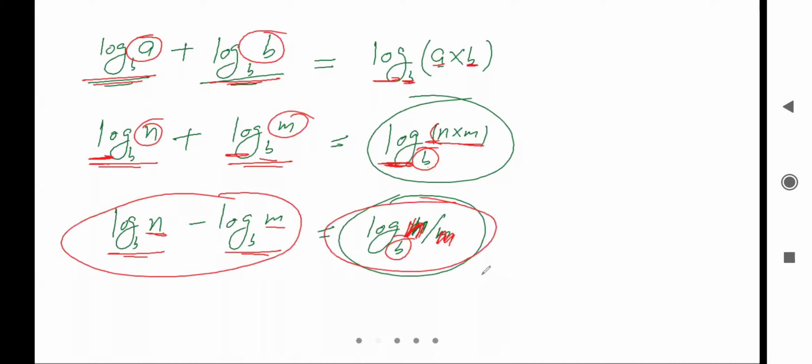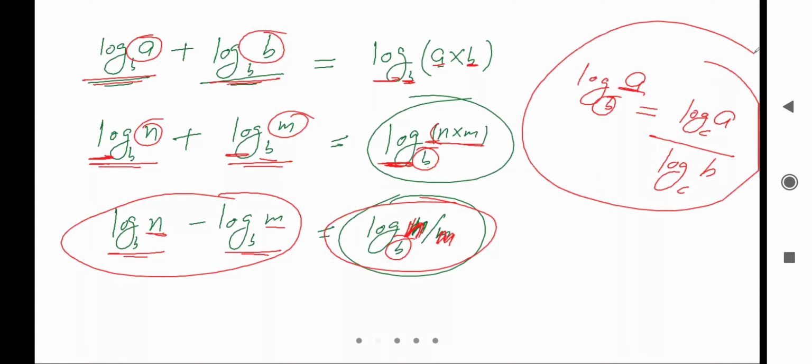Another property we can say, here it is log of a base b, then we can say it is equal to log of a, with base c, divided by log of b, with base c. This is another property of log, right.